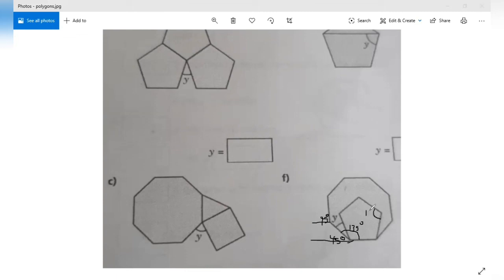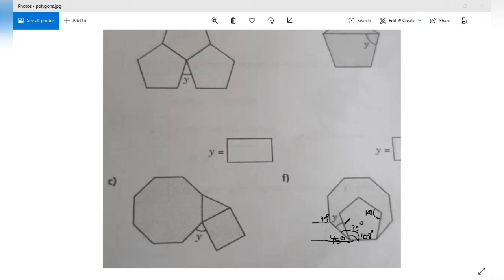So if this bit here is 108, let's write that one properly. Let's draw. So the bit here is 108 degrees. So this bit here is 108, but the whole bit should be 135.